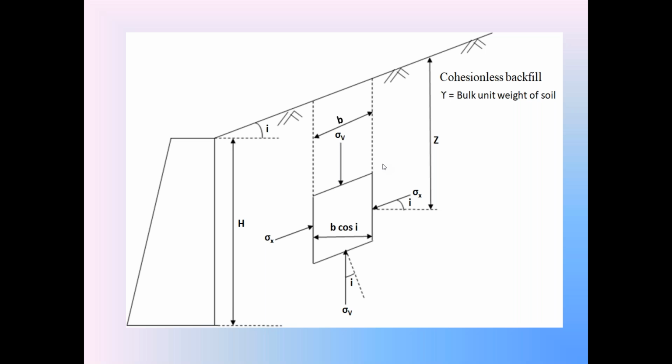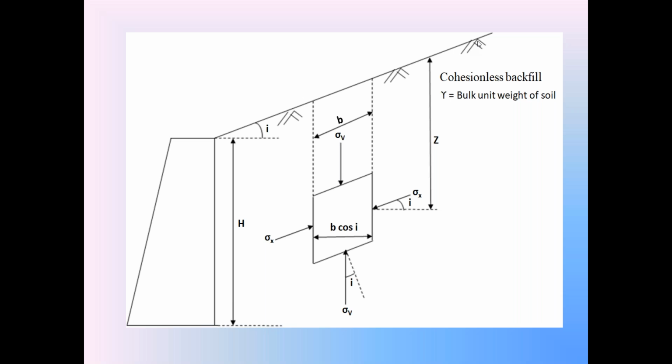In all those conditions, the backfill top surface is a horizontal plane surface, but sometimes the backfill top surface is an inclined plane surface, like sloped soil. That is called the inclined plane surface of the backfill.